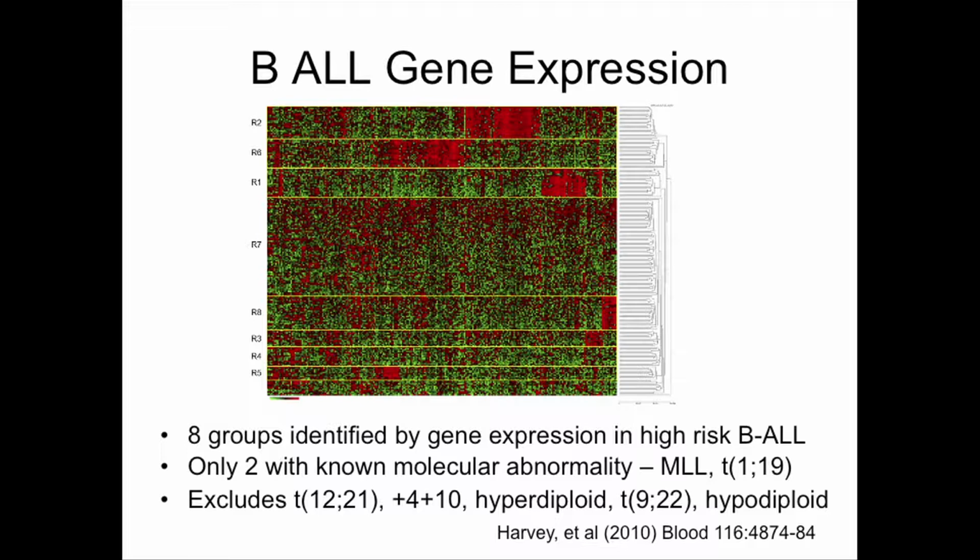And what you're left with are 8 or 9 different unique genetic signatures within the B-ALL subset, only 2 of which had abnormalities that had been previously described, the MLL abnormalities and translocations involving chromosomes 1 and 19, suggesting that there is heterogeneity, but yet there are discrete different genetic subgroups within B-ALL beyond even what we currently understand to exist.